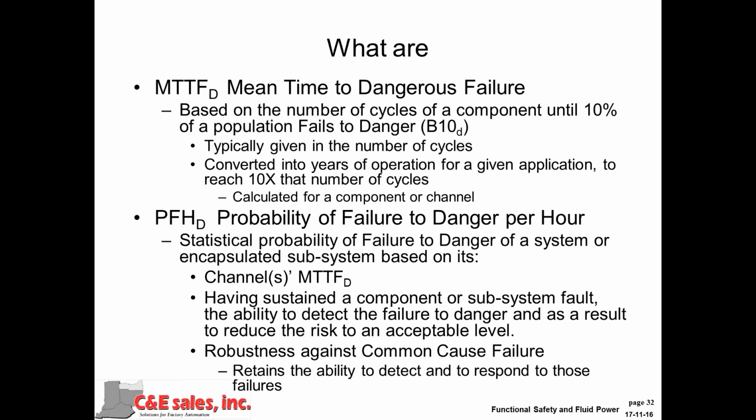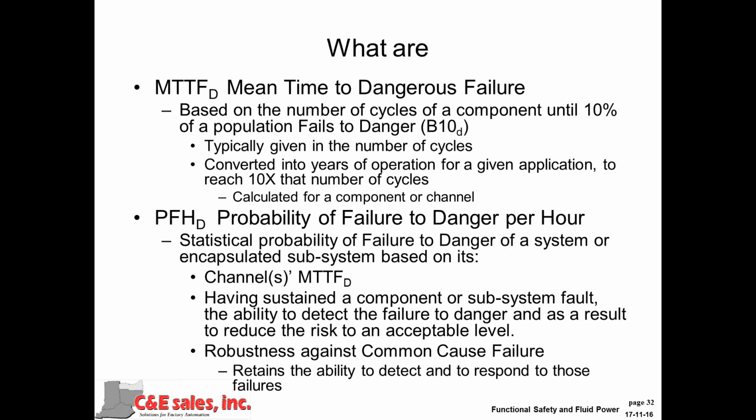Also, the robustness of what we call common cause failure modes, so that the one failure doesn't affect both the safeguarding function itself as well as the ability of that function to detect the failure.